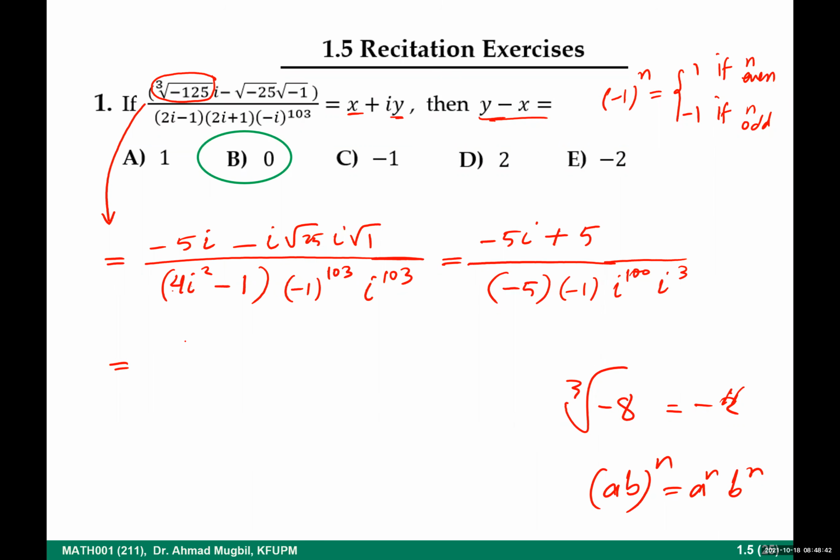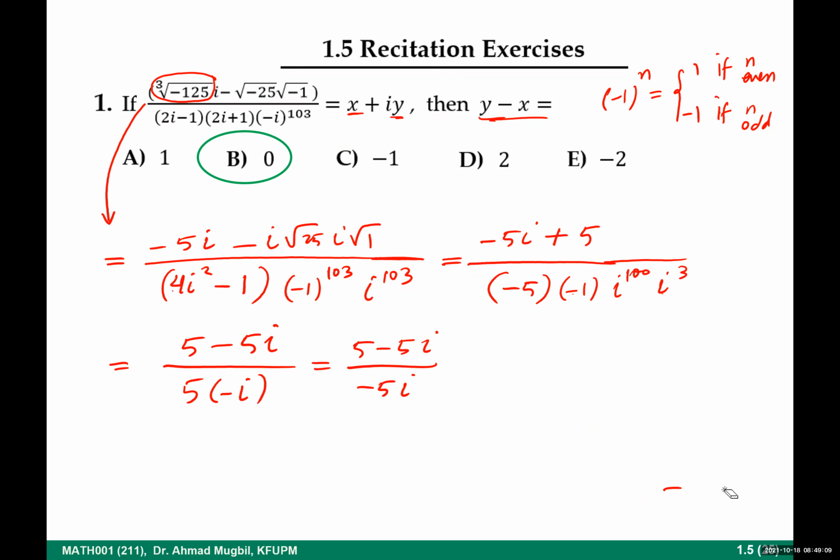Now, Ya Shabab, in the numerator it will be 5 minus 5i. Is that right? Write it in the standard form. Now here we will have negative 1 by negative 5, it will be 5. And I to the power 100 is 1. And I to the power 3 is negative I. So this will be 5 minus 5i over negative 5i.